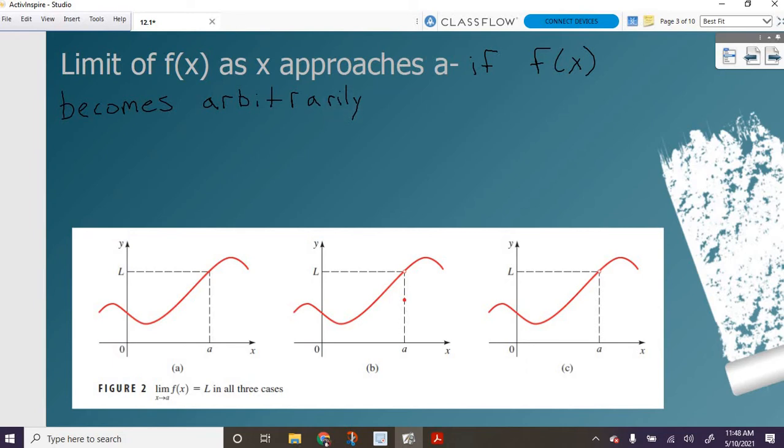What does arbitrary mean? What is the word arbitrary? Like if I said the color of the car is arbitrary. Have you not heard that term before? It means like it doesn't matter.